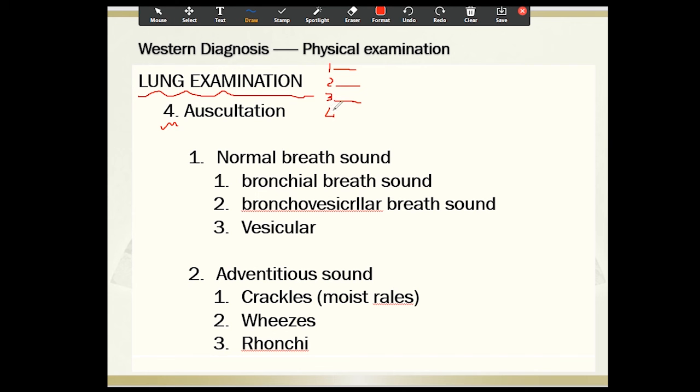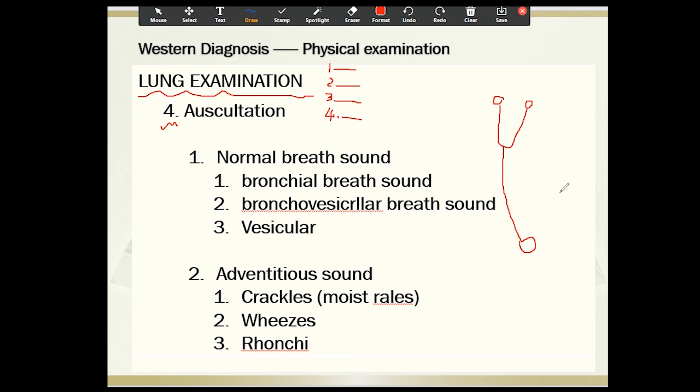The fourth way, auscultation. We still hear the sounds, but the sounds don't come directly to our ear; we use a special kind of scope. I believe everybody has seen doctors use this kind of scope, putting it on the patient's chest area and then hearing the sounds.